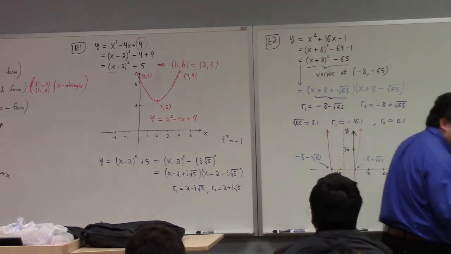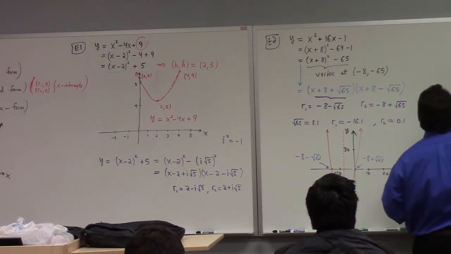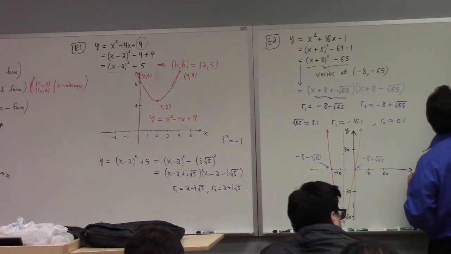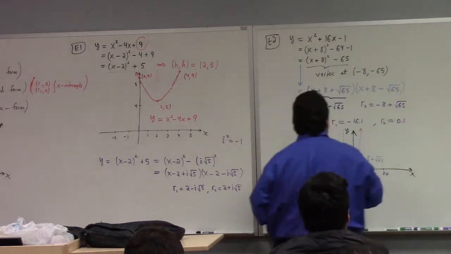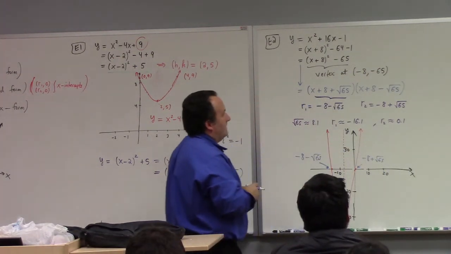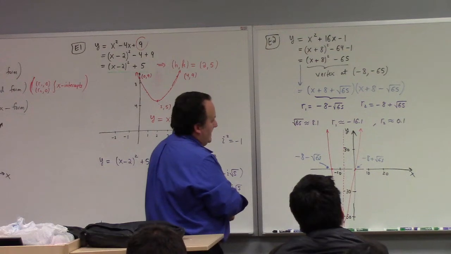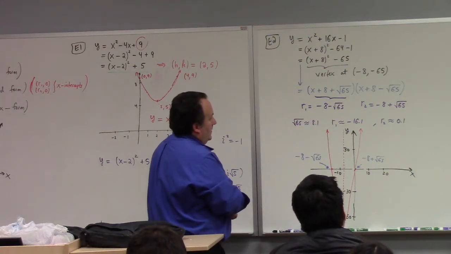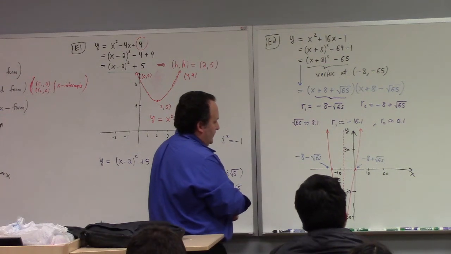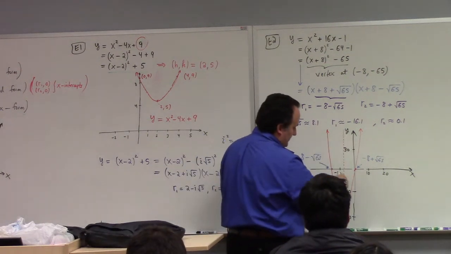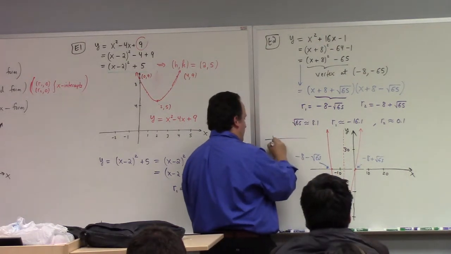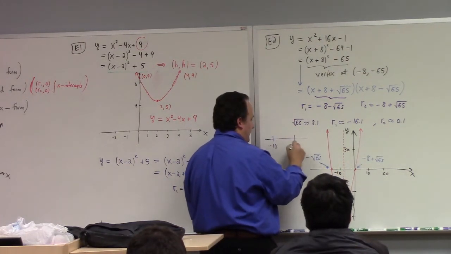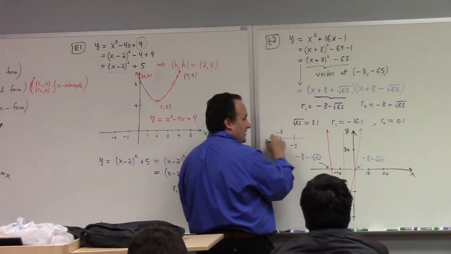What was your question? On the graph, when you do the point -8 minus square root of 65, when you're actually drawing it, would it be to the right of -10? Yes, to the right of negative 10. Because minus 8 is the x, we got minus 10, we got minus 5 over here, like minus 8 is there on the number line.